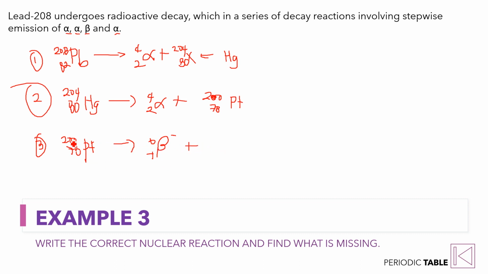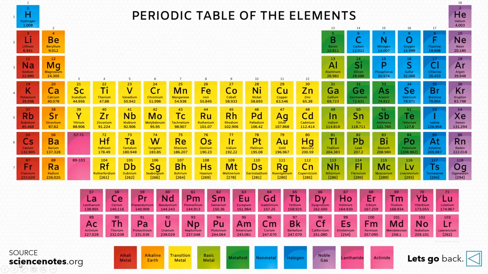Shortcut natin ulit. So, 200 minus 0. So, retain. 200 pa rin. But, here, we have minus 1 and 78. So, pag minove natin yung minus 1 sa kabila, magiging positive. So, that's 78 plus 1. So, magiging 79. So, ang tanong, anong atom ang mayroong atomic number na 79?